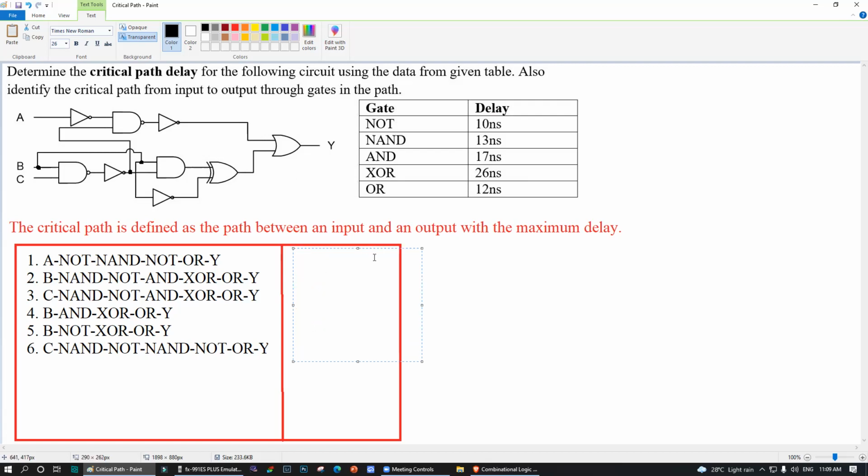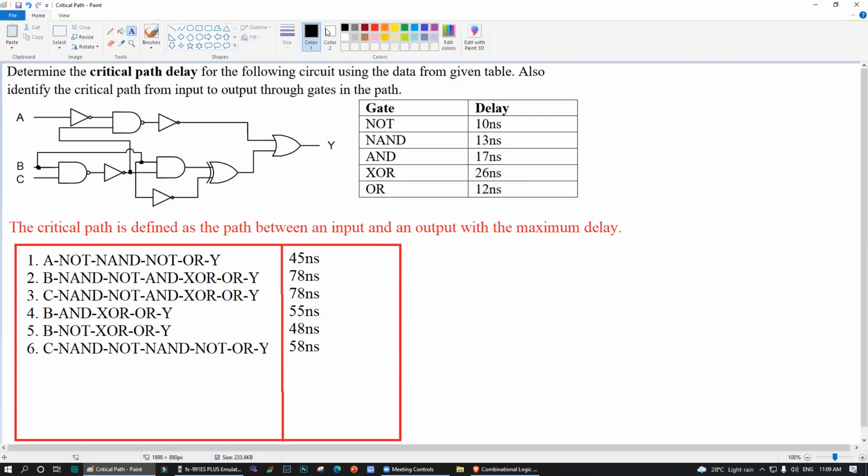So have you got all the delays? Now, can anyone explain which one will be our critical path? 78. Yes, so path number 2 and path number 3, these two are your critical path. But since you have two paths, if I have to choose one, then I will choose this one, C. Why?